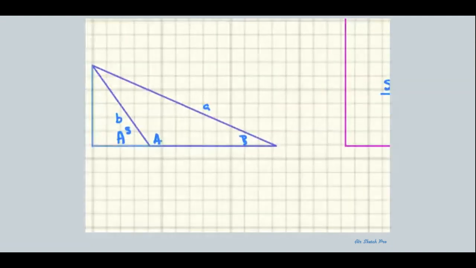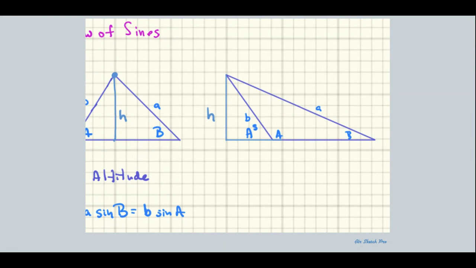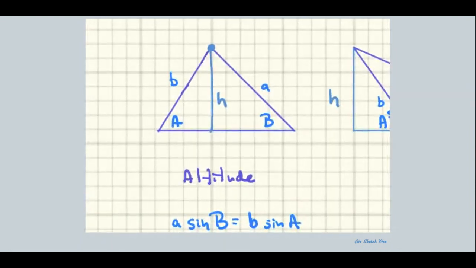I could do this the same way even if one of these angles was obtuse. We would still have an altitude, but it would happen outside the triangle, and we'd have this right triangle showing up here, and this right triangle showing up here.